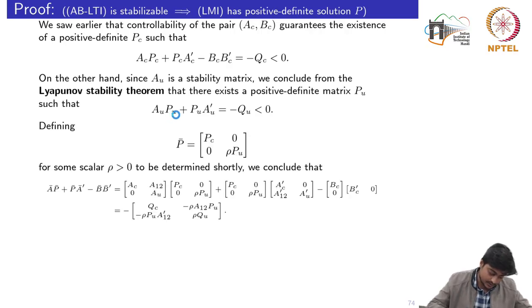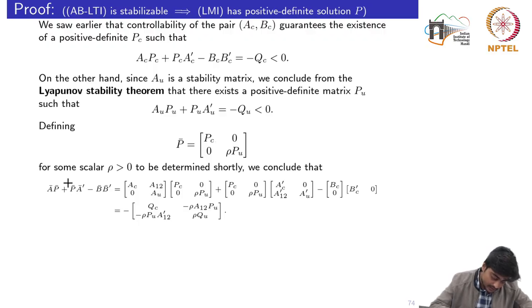Okay. So now we define another matrix P bar, which is given by the elements PC and rho PU on the diagonal and 0 on the off diagonal, where rho is some positive scalar variable or parameter.